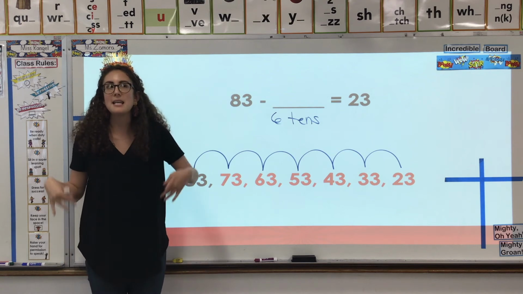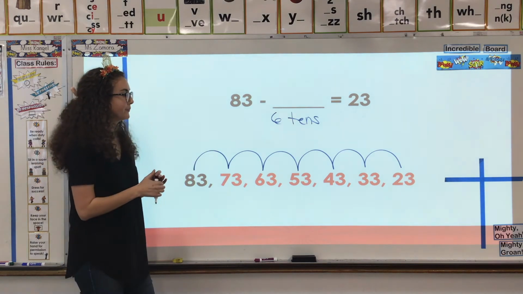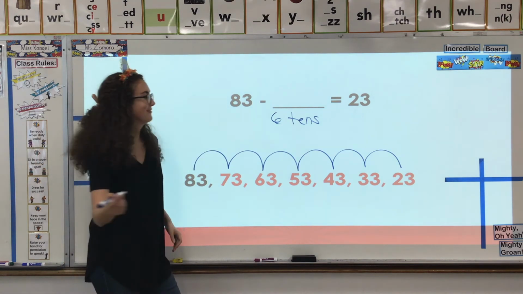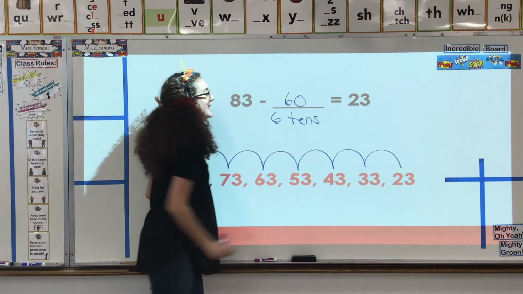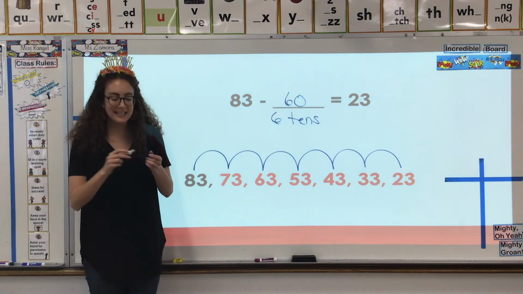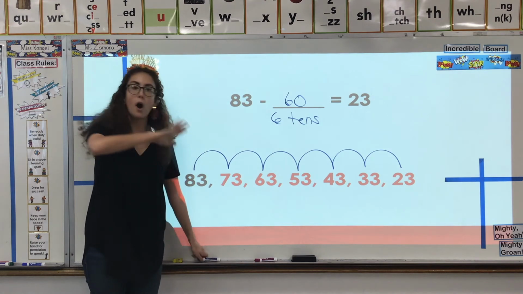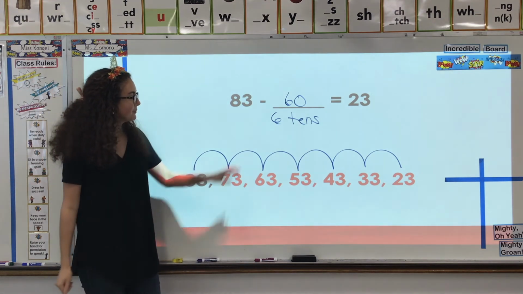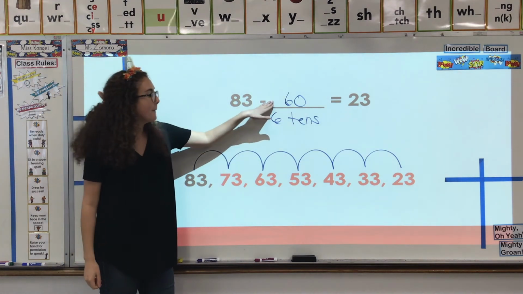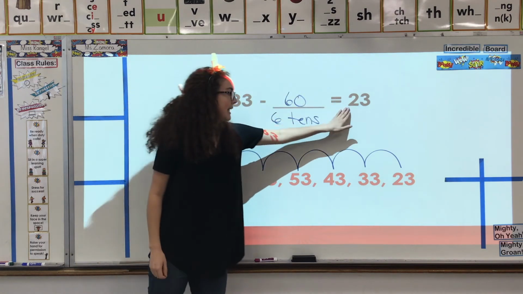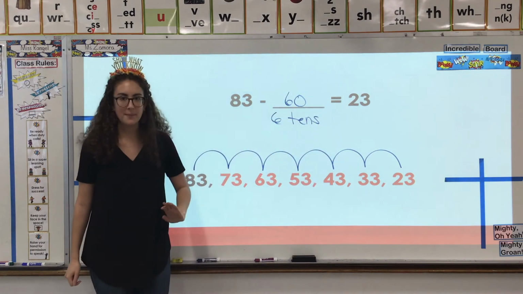And 6 tens is how much? 60. Good job. 6 tens is 60. So we have our completed equation. 83 minus 60 equals 23.